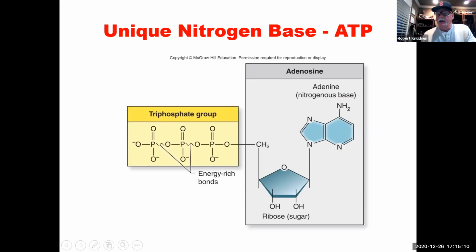Got it? And adenine is the nitrogen base. So we have adenine, triphosphate. Remember, the sugar just is holding the nitrogen base in place. You get it? Okay.